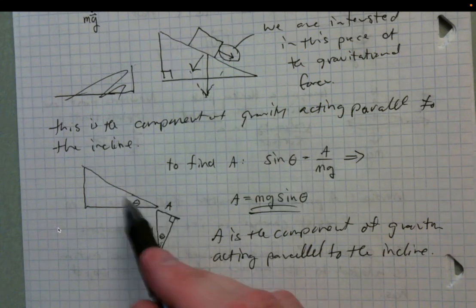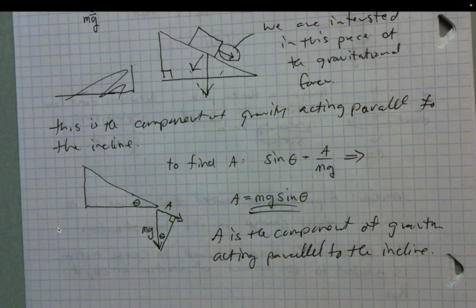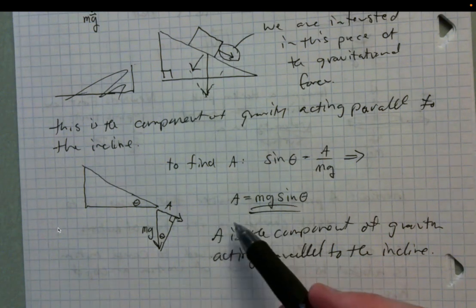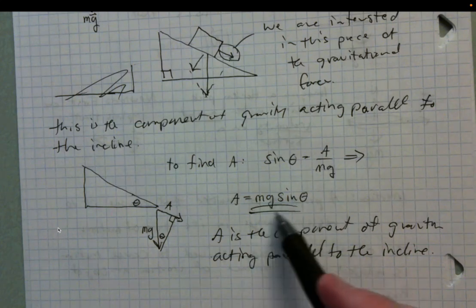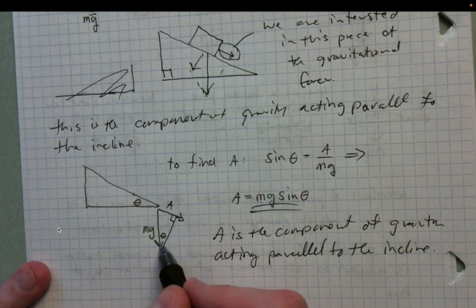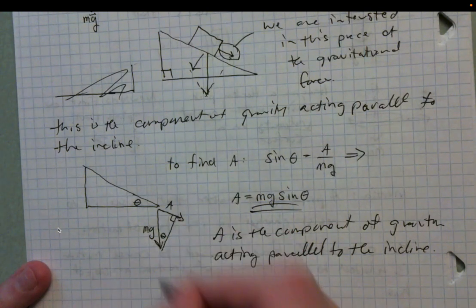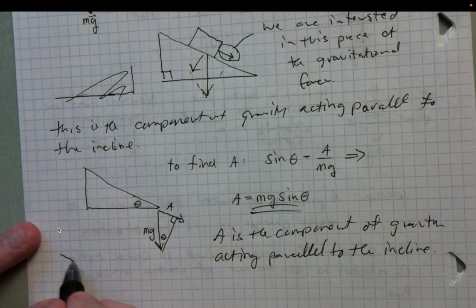A is the part that's going to make it slide, and we figured out that A can be written as mass times g times the sine of theta. And this other component, this piece here, is going to be mg cos theta.